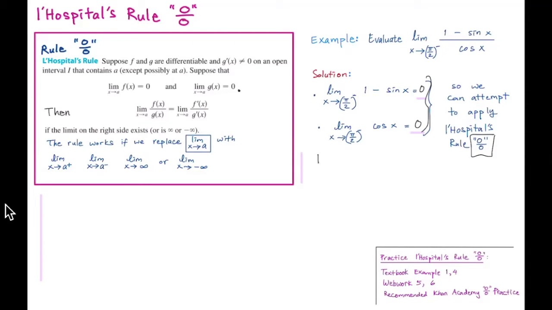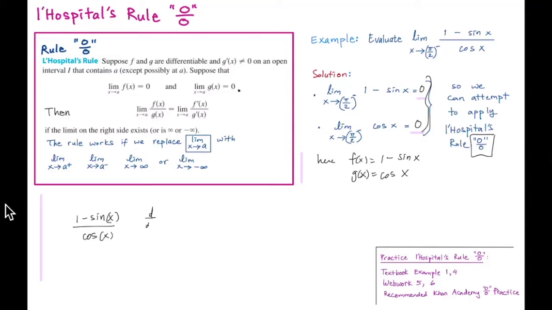So here you can think of f as 1 minus sine x and g as cosine x. And what I do is I write down the quotient. So I write 1 minus sine of x over cosine of x. And I'm hoping to use L'Hopital's rule.